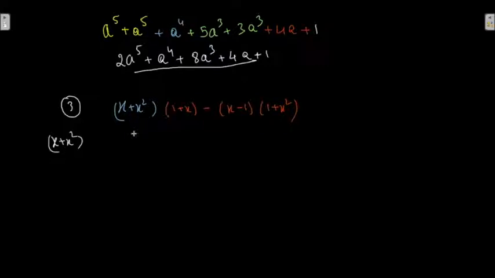So we are just multiplying with 1 plus x plus x square multiplied with x minus 1 multiplied with x square.